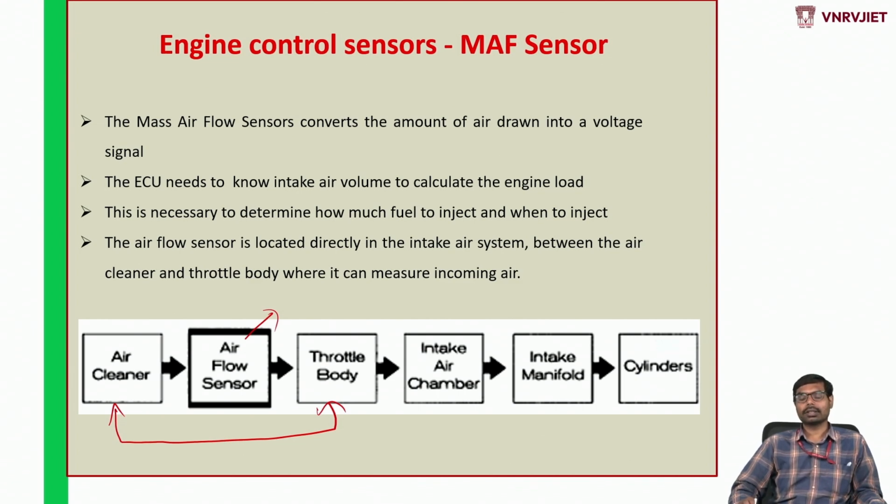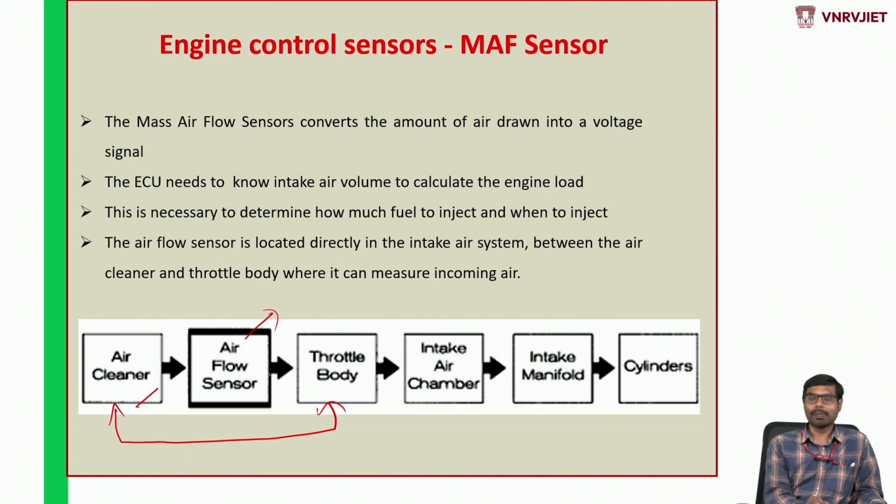Due to the pressure differential between the manifold and atmospheric air, the outside air will enter the engine. As I already mentioned in the last session, the first step is that through the filter the air is cleaned to eliminate unwanted particles. Those particles will be eliminated in the air cleaner.